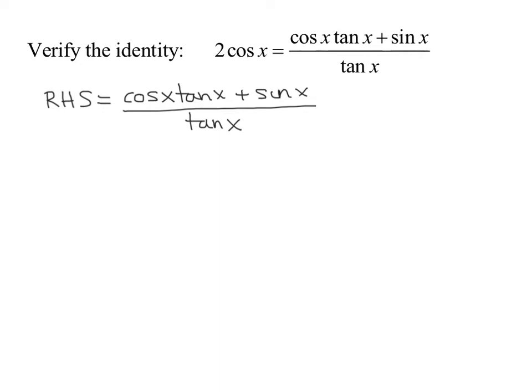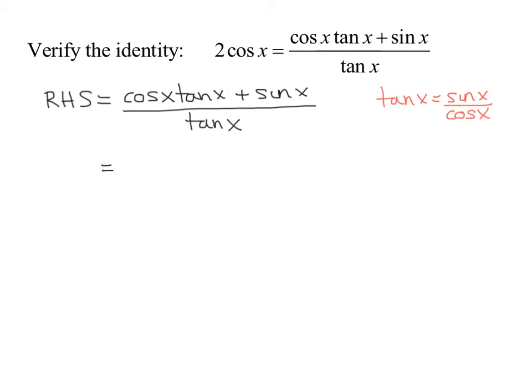So remember, we know that the tangent of x is equal to sine x over cosine x. So that's the first thing I'm going to do, is turn both of these tangents into sine x over cosine x.